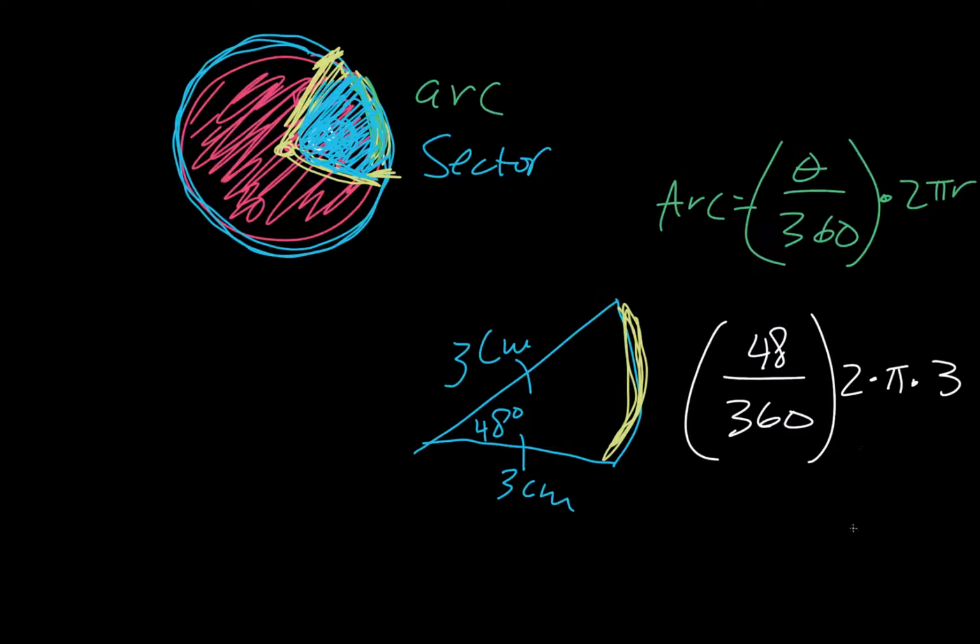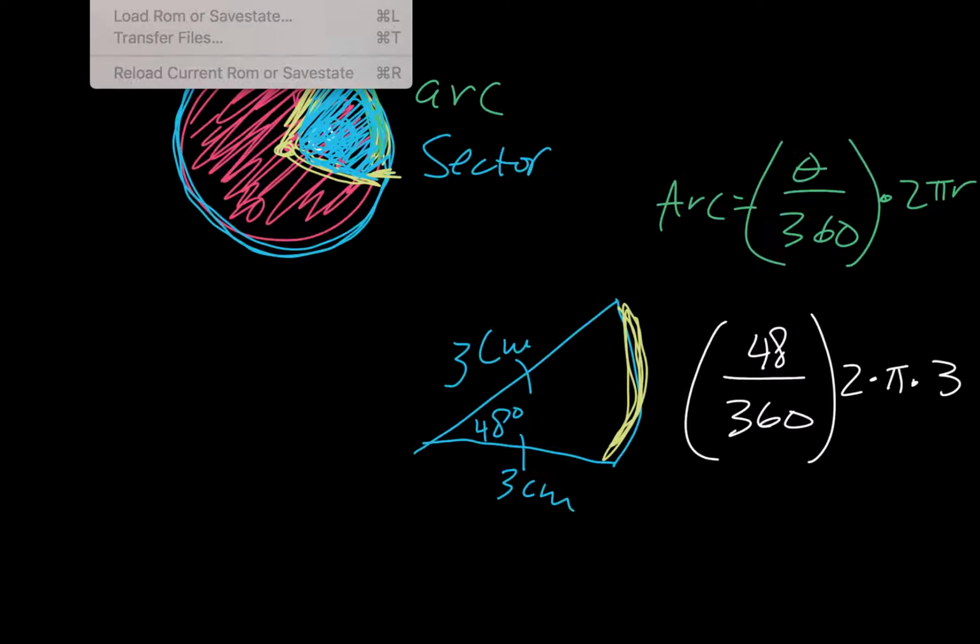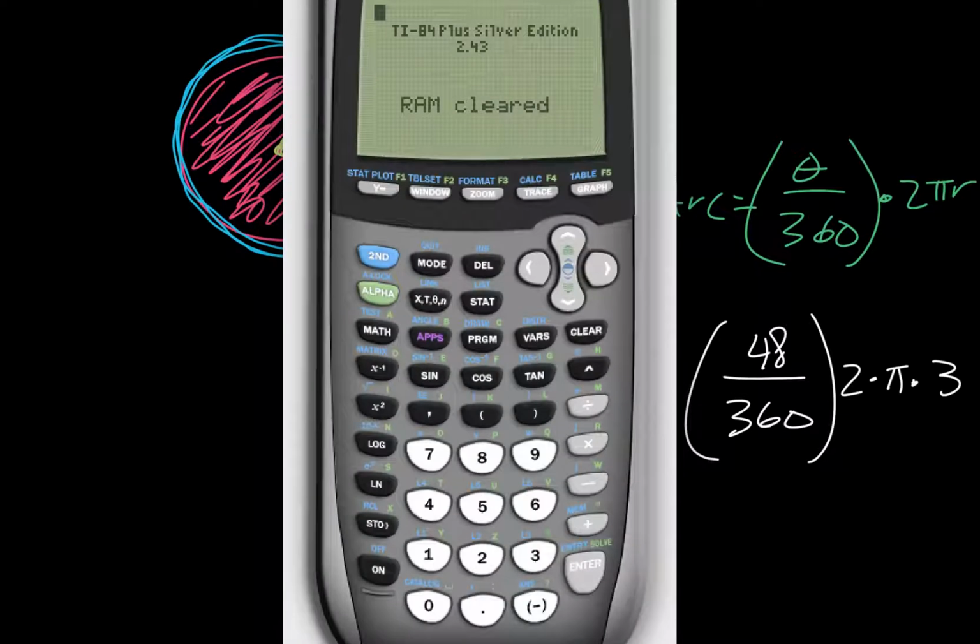So I would just jump to a calculator at this point. So we do 48 divided by 360, and then we times that by 2 times pi.